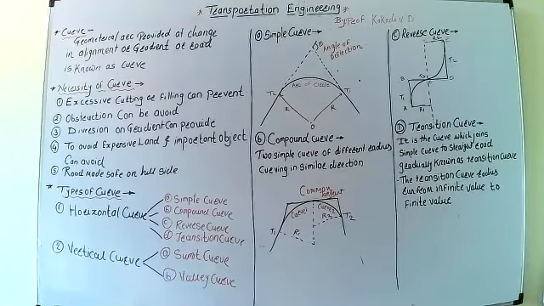There is R1 and R2 turning in opposite direction, which is called a reverse curve. So these curves are turning in the opposite direction, not in a similar direction. That curve is known as a reverse curve.